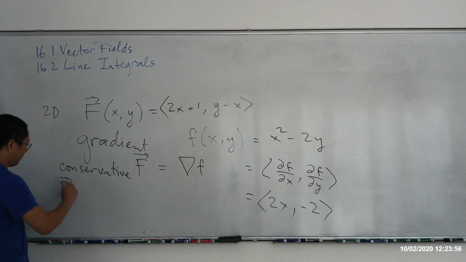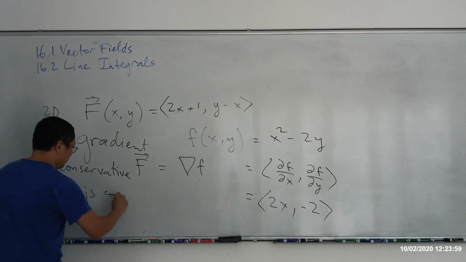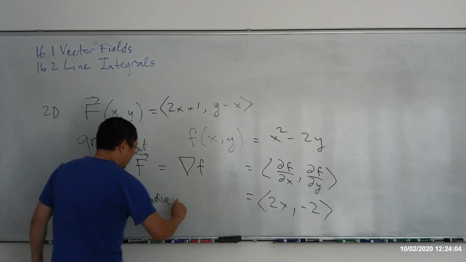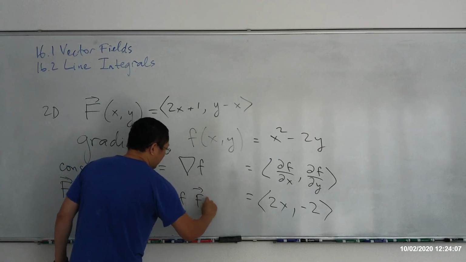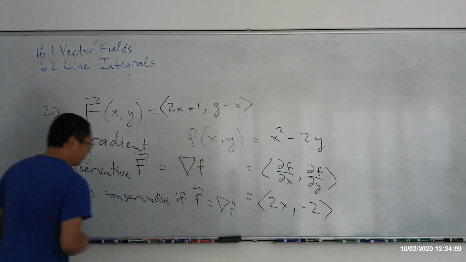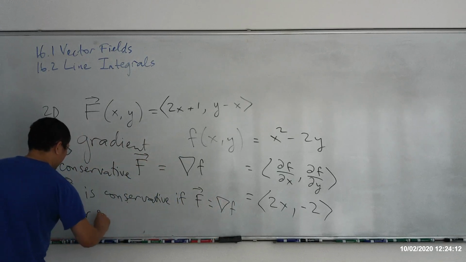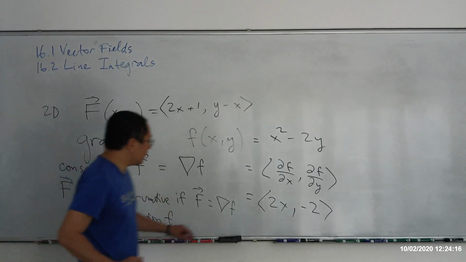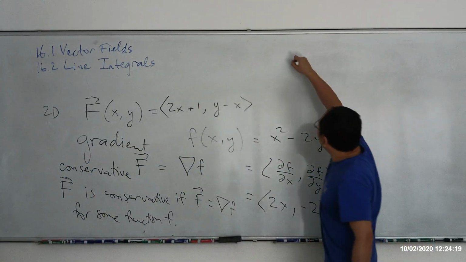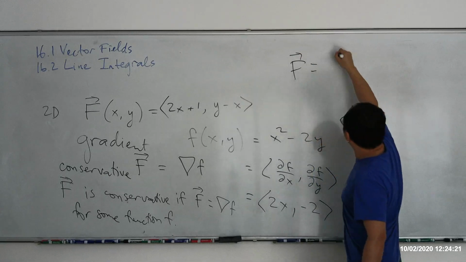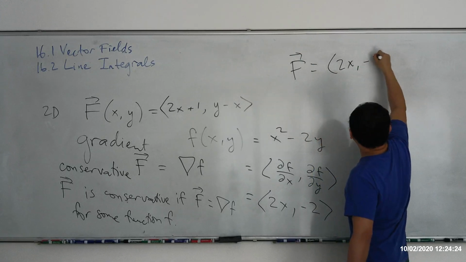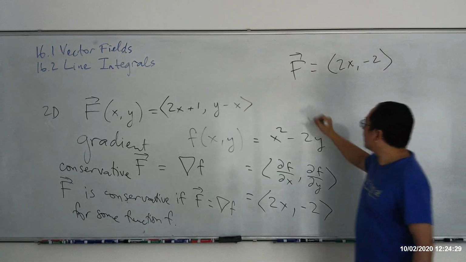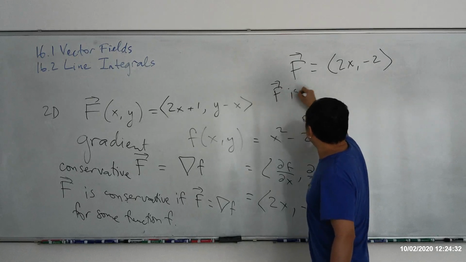A vector field F is conservative if F is equal to the gradient of some function f. So in this example, if I have a vector field F equal to (2x, -2), then I say that the vector field F is conservative.